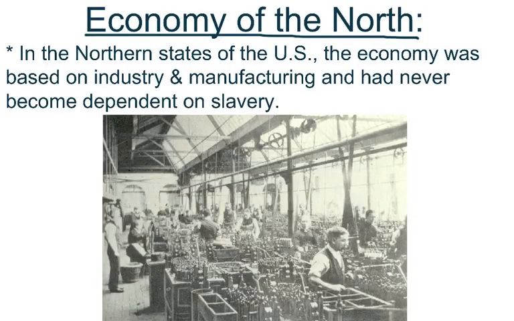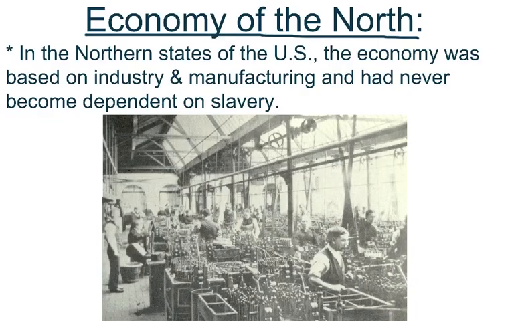Now, as I read earlier, the northern states were mainly for industry and manufacturing. As you can see here, a lot of the northerners working in a factory up north. Now, it's not so much that the northerners believed that slavery was morally wrong or enslaving Africans was wrong.